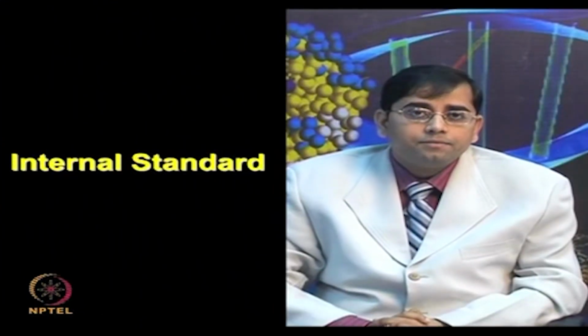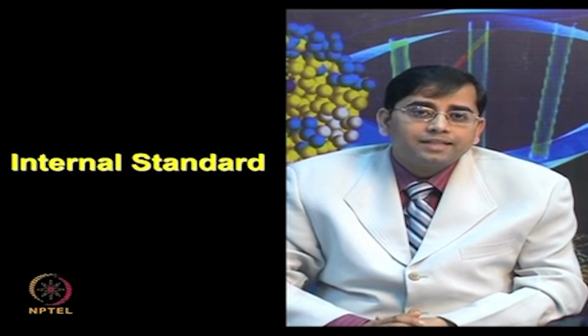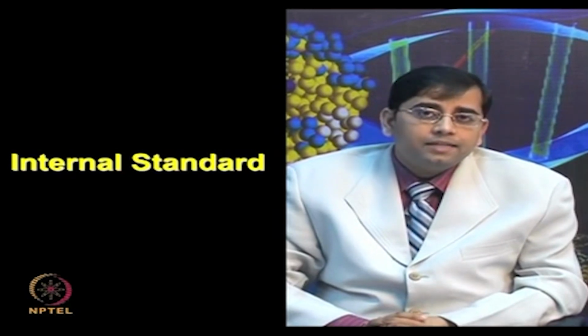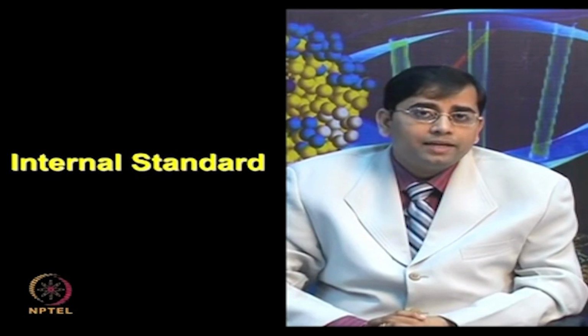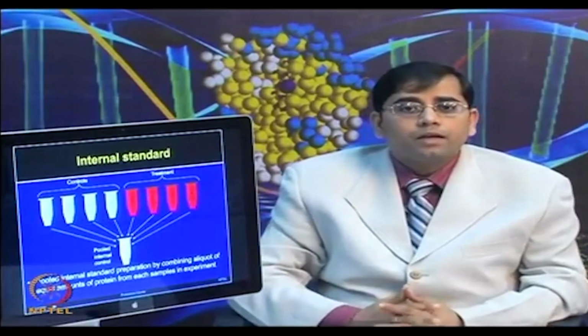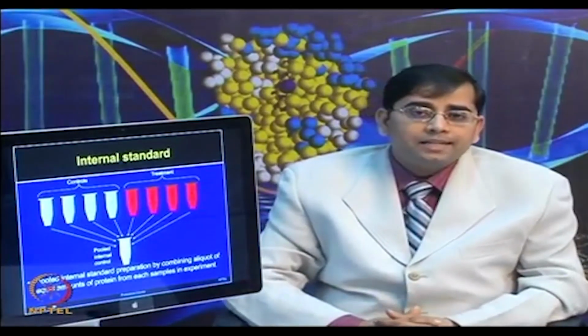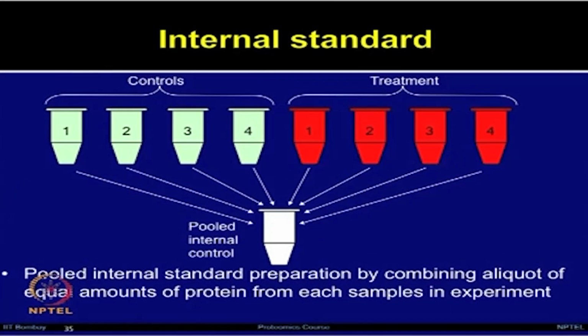While you are doing this reconstitution of dyes and labeling your protein samples with the Cy3 and Cy5 dyes, now let us think about our Cy2 dye and the internal standard. I am taking a very simple case here, where you have 4 healthy controls and 4 patients suffering from a disease.